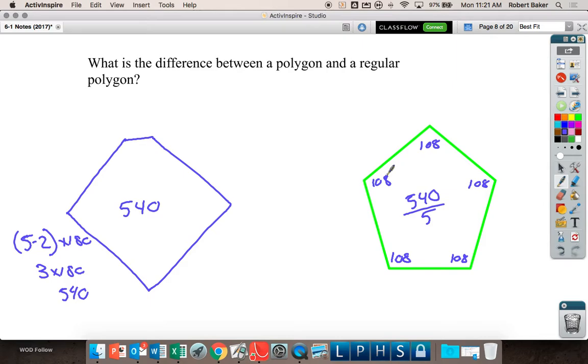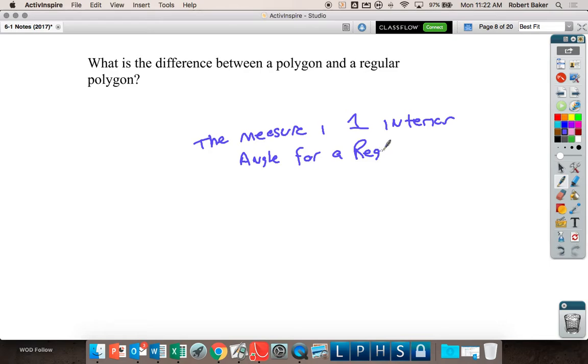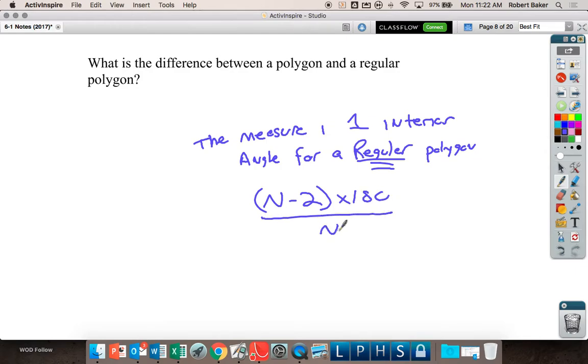So the last formula I'm going to give you today: the measure of one interior angle for a regular polygon is n minus 2 times 180 divided by n.